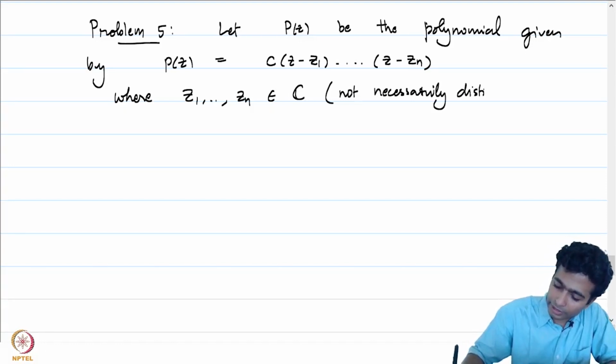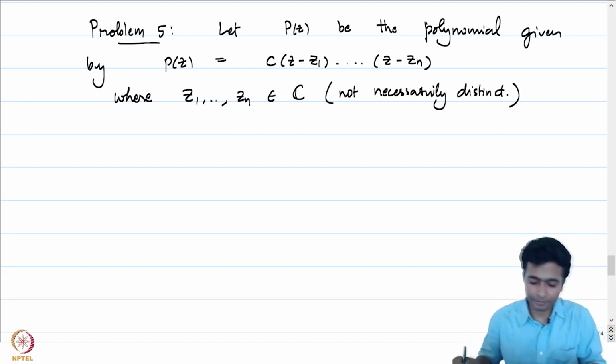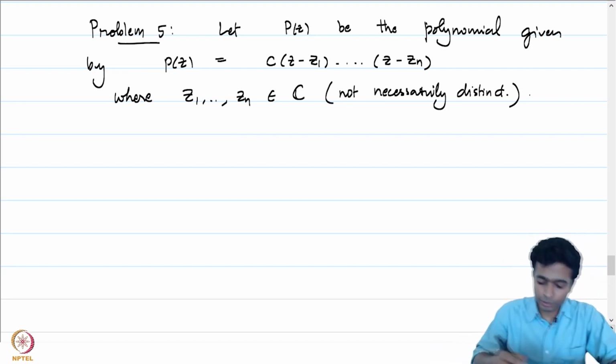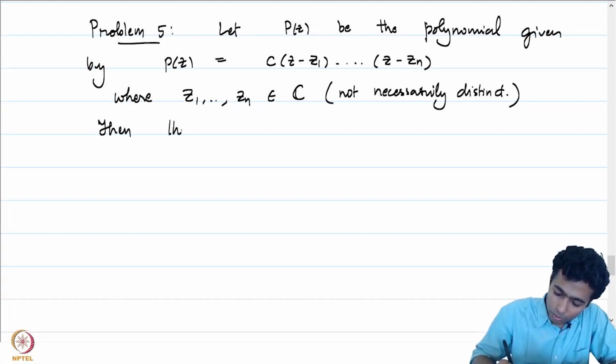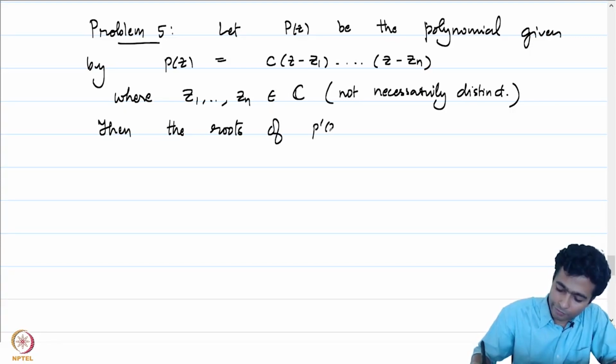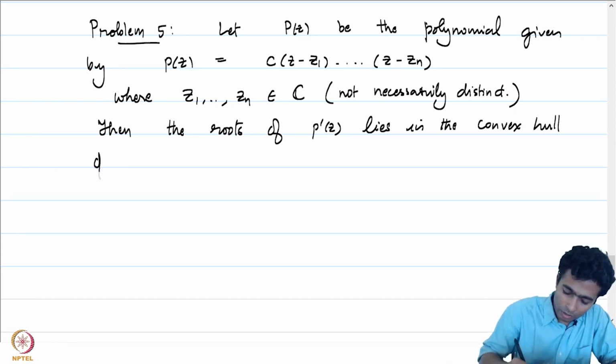Notice that Z1 to Zn are precisely the roots of the polynomial P. The problem here is to show that the roots of P prime of Z lie in the convex hull of Z1 to Zn.